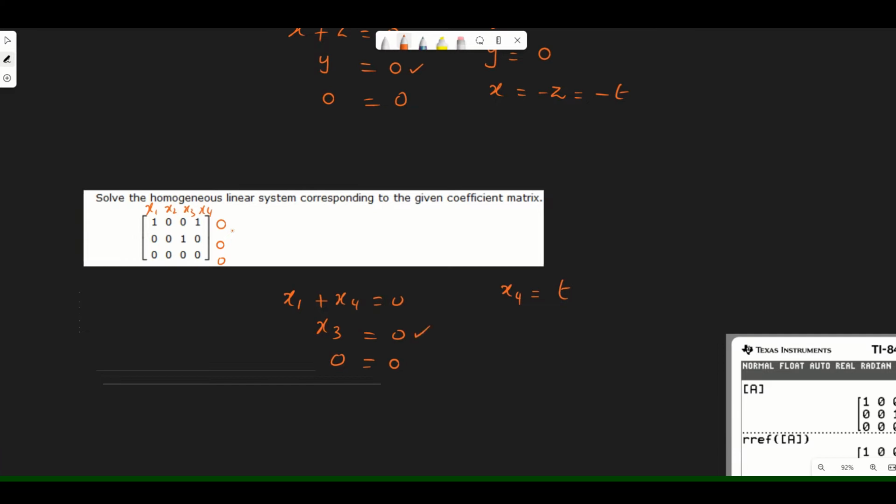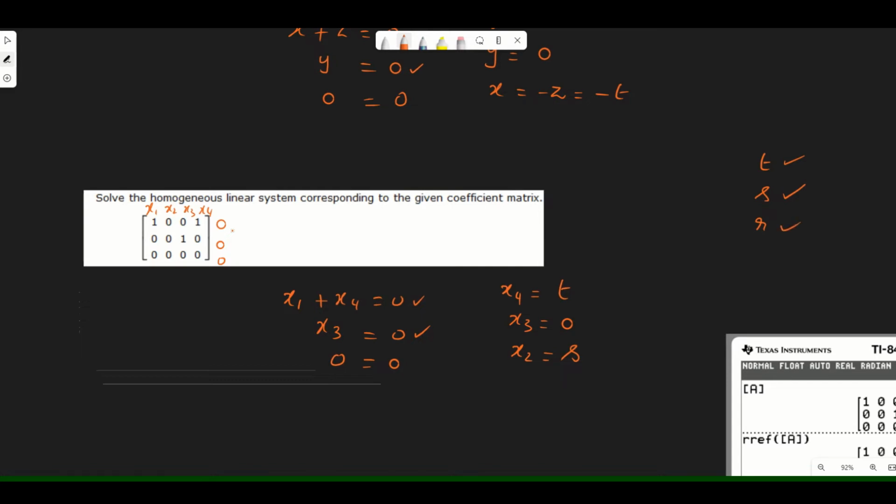x3 is already 0, so I have x3 equal to 0. Now, I do not have any equation in terms of x2, so I have to take a parametric value for x2. Since t is already taken, the next one will be s. So always take the parameters in order: give preference to t, then s, and then r. T is the first parameter, the second will be s, and the third one will be r.